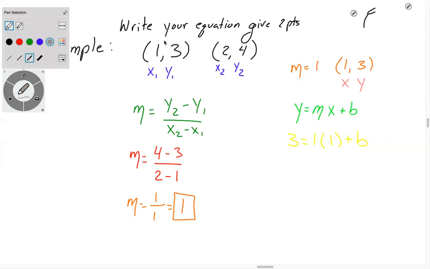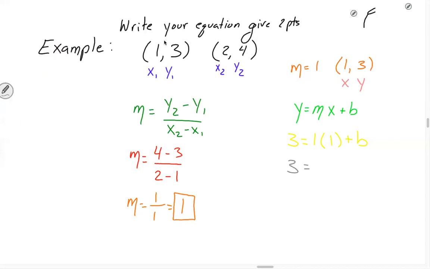So 1 times 1 is 1 plus b, and now we're going to do minus 1. That's going to give me 2 equals b. Now that I have m and I have b, I just write my equation, which is y equals 1x plus 2.